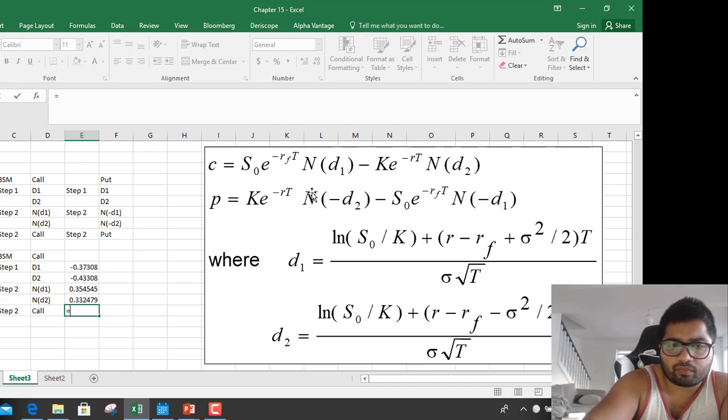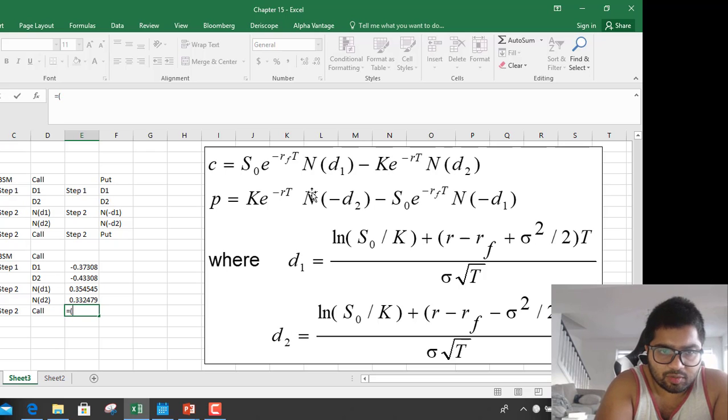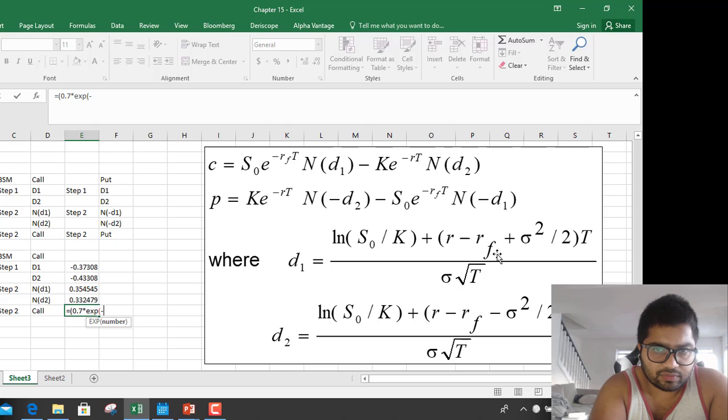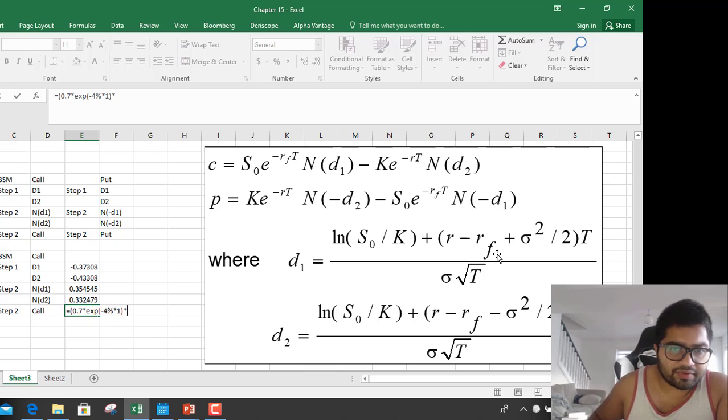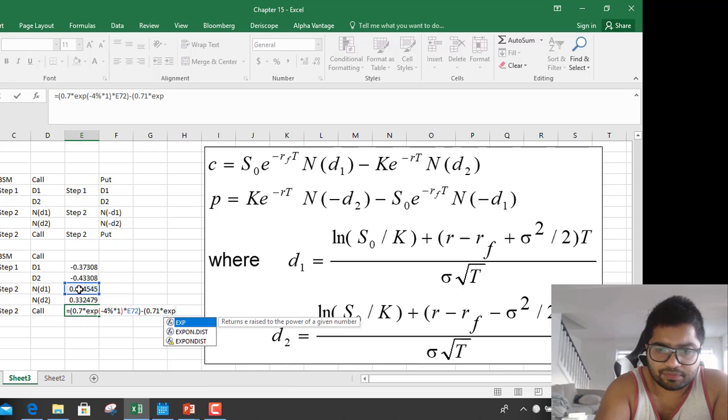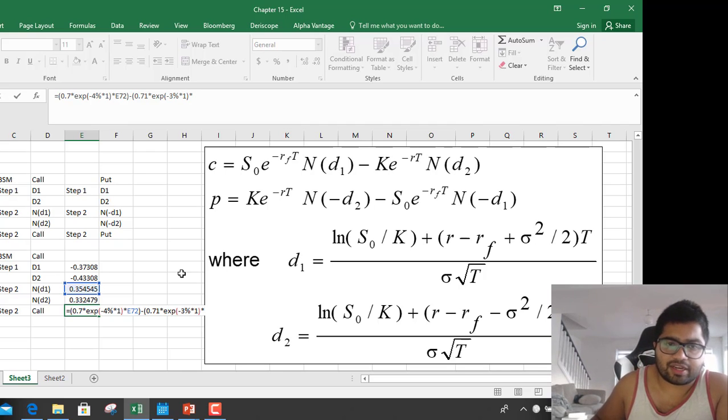So the call function is S0. S0 is the stock price, so 0.7, multiplied by exponential of negative risk-free rate in the foreign market, 4% times 1, into N(D1), minus K, that is 0.71, times exponential of negative risk-free rate in the domestic market times T, into N(D2).